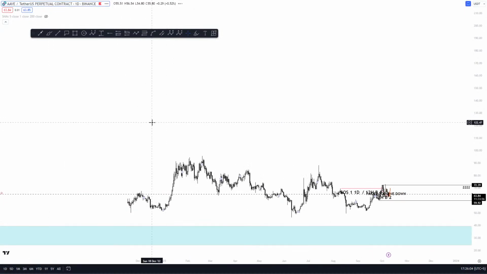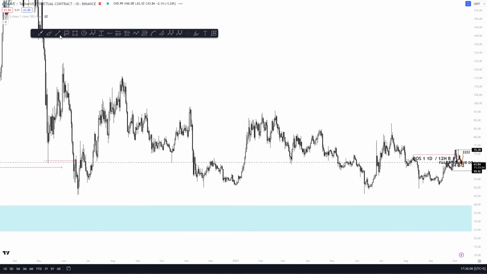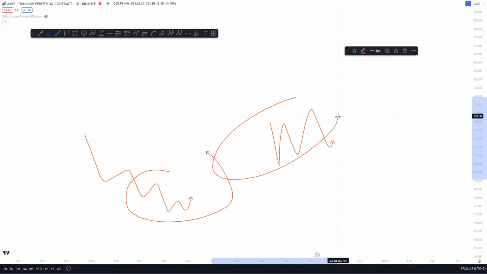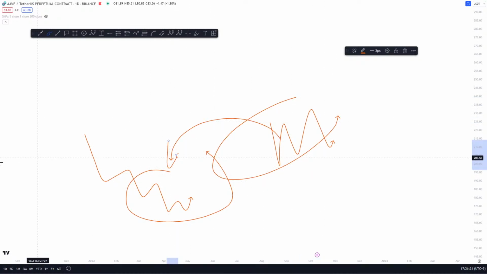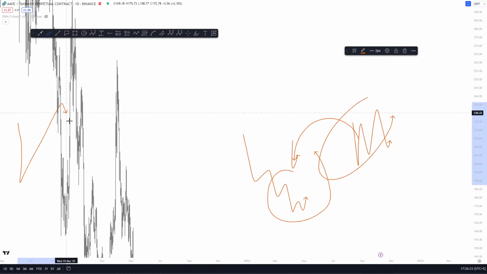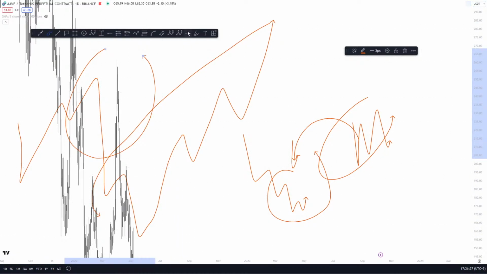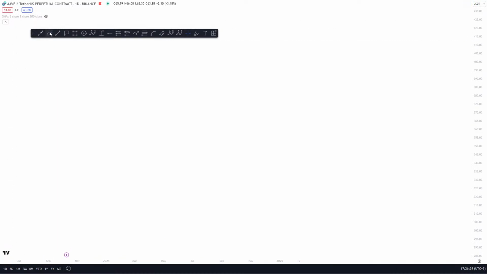So let's move down to the 1 day time frame. The 1 day time frame is expecting itself. Now remember, I'm dropping a sauce over here. Remember, whenever a market wants to change its structure, it will not change structure like this. It will not change structure like this. Okay, never ever. It will change structure like this.